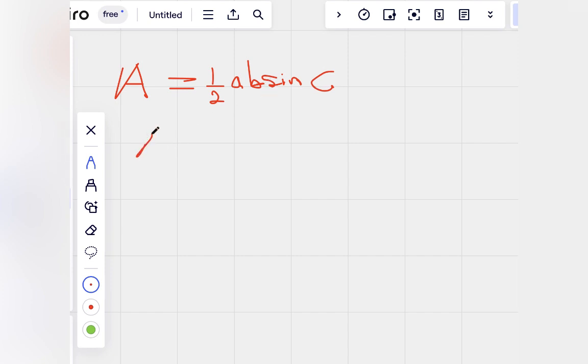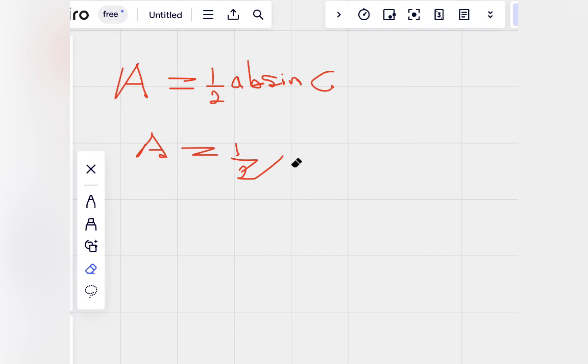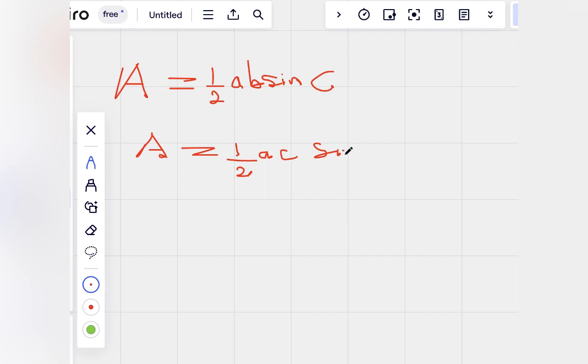You may also write it like this: area equals half AC sine B, or half BC sine A. It's the same thing.